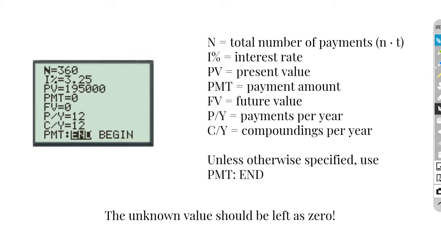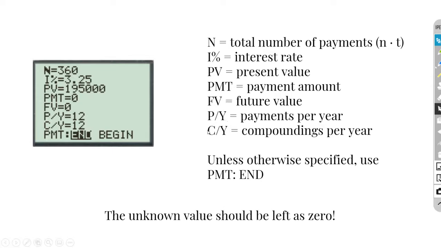Your calculator knows how to transition it to the right thing. PV is going to be your present value. That's going to be the amount that your loan is. PMT is always going to be payment, just like it was in the formula. FV is going to be future value. Generally for us, that value is going to be 0, right? Because when you are paying off a loan, you are hoping to get it to 0 by the end.